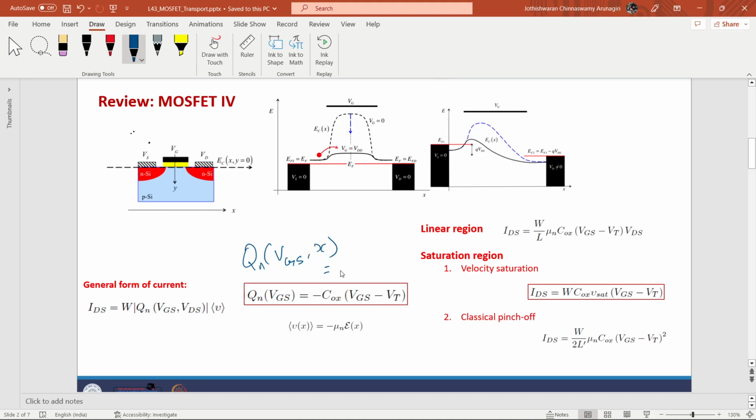All right. So let me just start with this. So in general, from the previous set of slides, we saw that we can write this as VGS minus VT minus Vx. We can do this, correct? Right? Sir, please share the slide. Oh, okay.